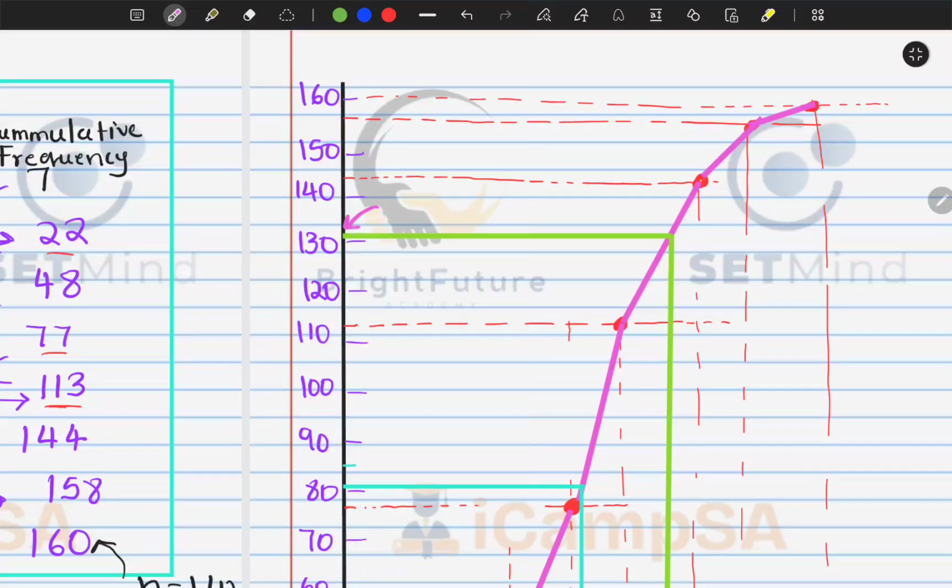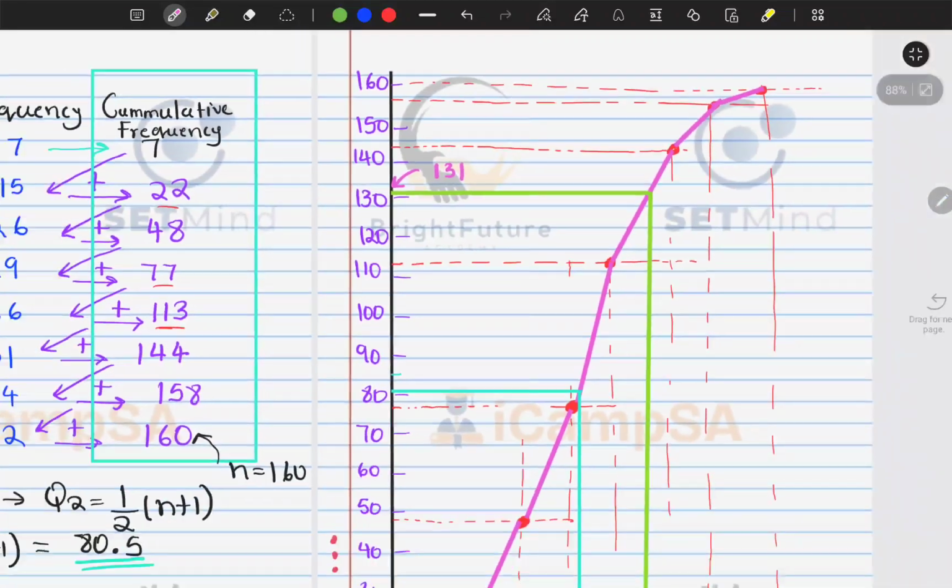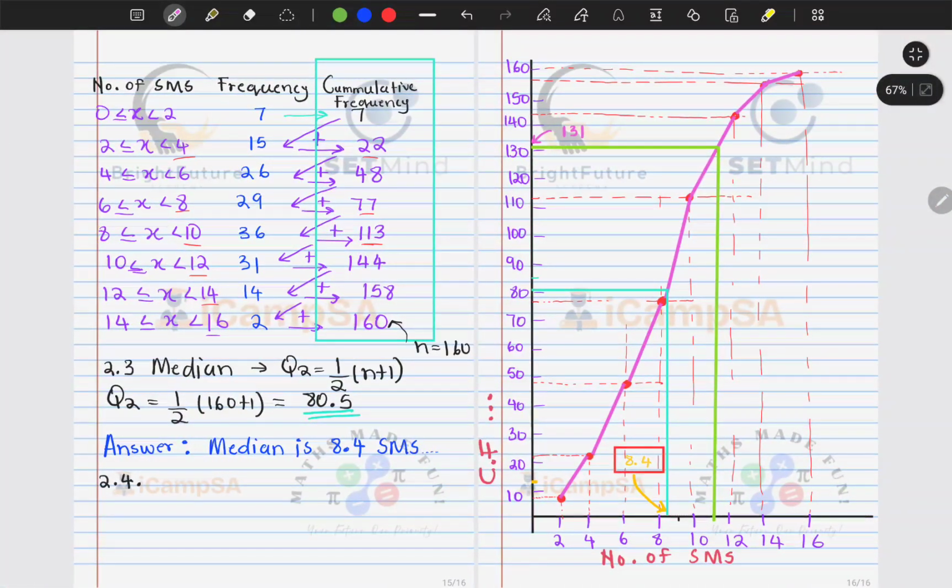But what I'm going to do is I'm going to say that is 131. Okay. Now, if you observe carefully, it means the number of people who sent more than 11 SMSs, you're looking at 131.